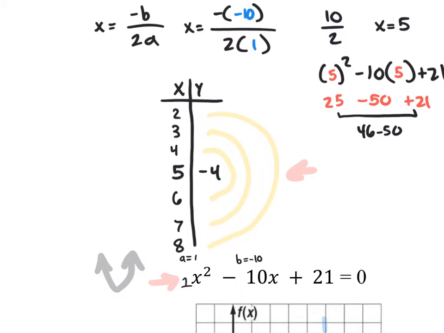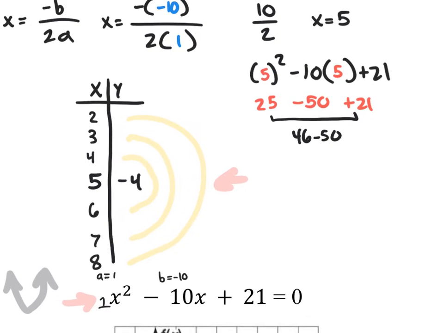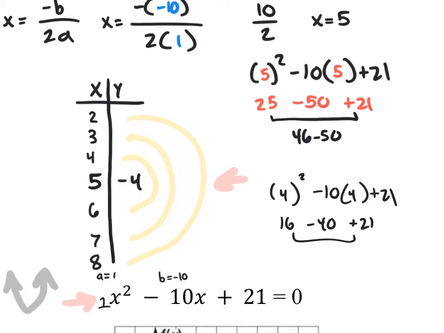So I'm going to go to my original equation, and I'll be plugging in a 4. So we'll get 16 minus 40 plus 21. So this will give us 37 minus 40.